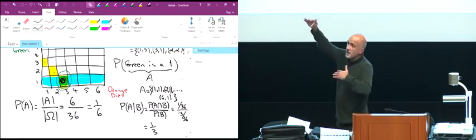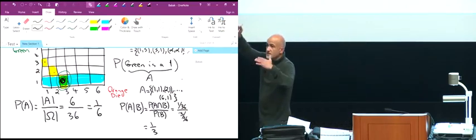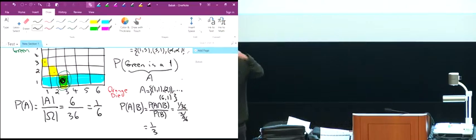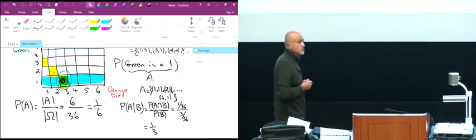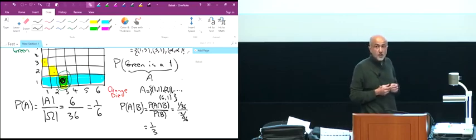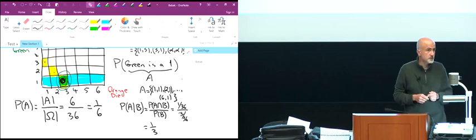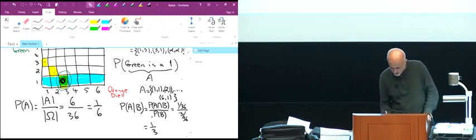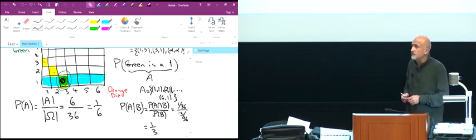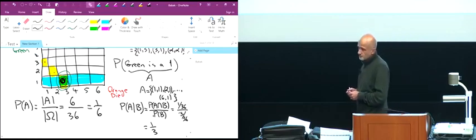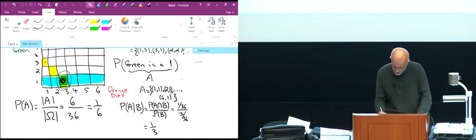If one was twice as likely as the other in the original space, in the new universe, they will still retain that 2-to-1 ratio of likelihoods. All we've done is renormalized our probabilities. And the normalization factor is what you see in the denominator here: probability of B, the conditioning event.